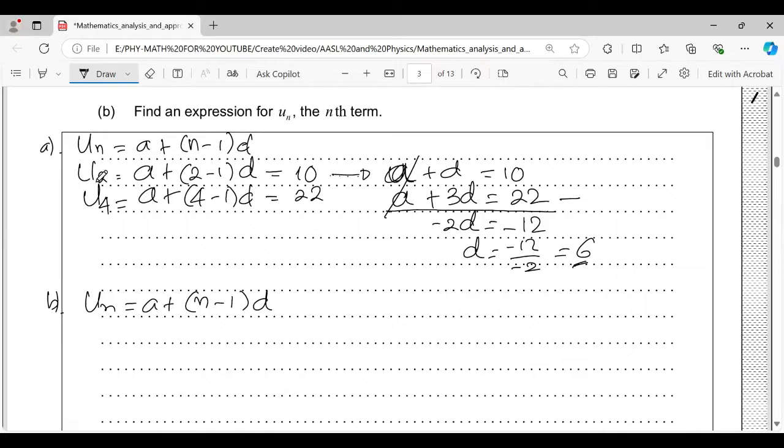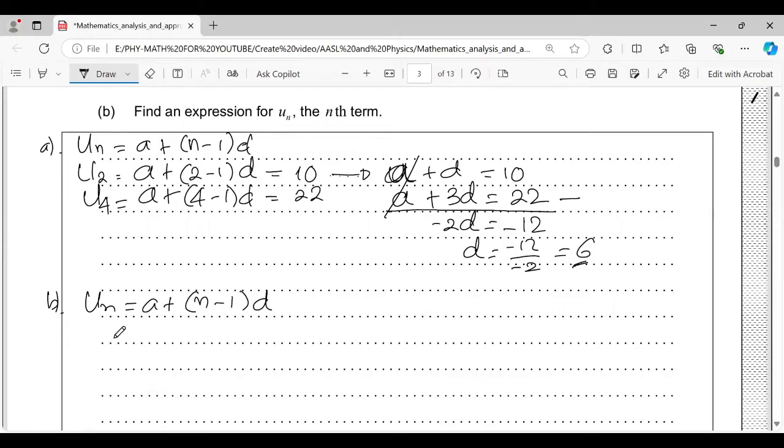We have u2 equals 10, u4 equals 22, and we got d equals 6.